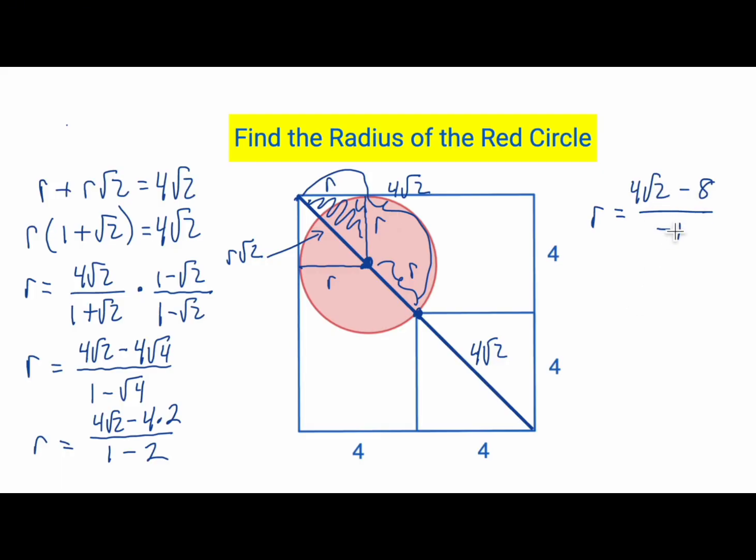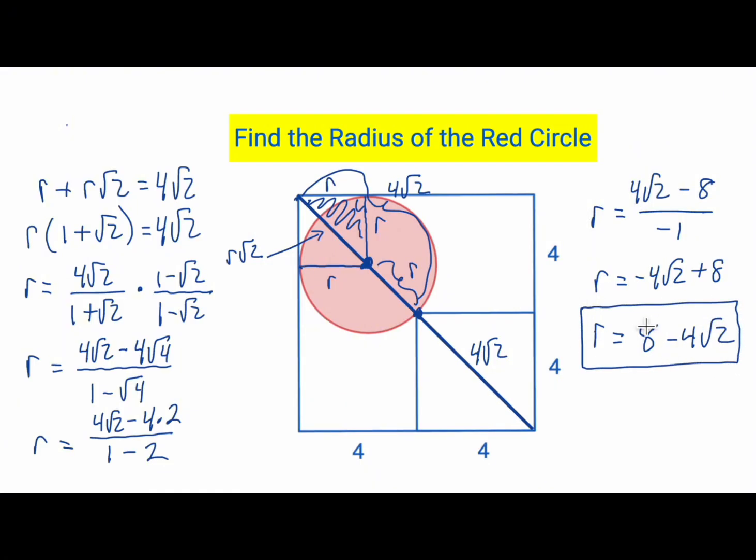Well, we have a negative 1 down here in the denominator, so we're going to divide everything by negative 1. So my radius is equal to negative 4 root 2 plus 8. And then we are going to put that in a different order. We're going to move the 8 to the front, so we're going to say 8 minus 4 root 2. And that is what your radius is for the red circle.